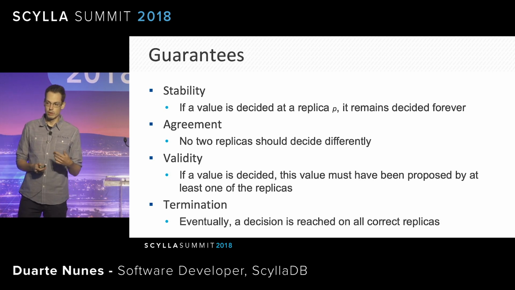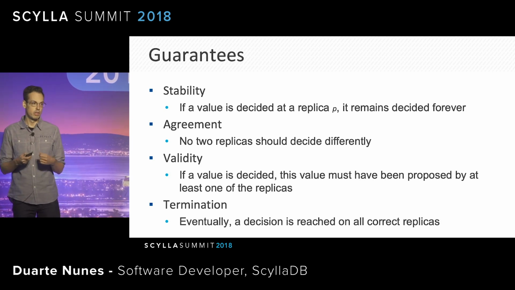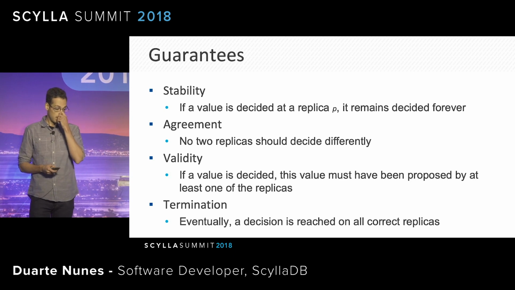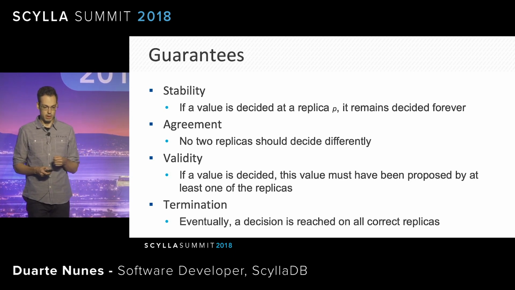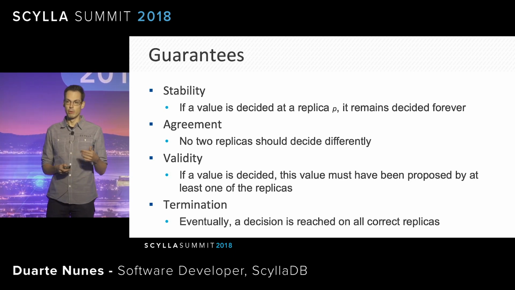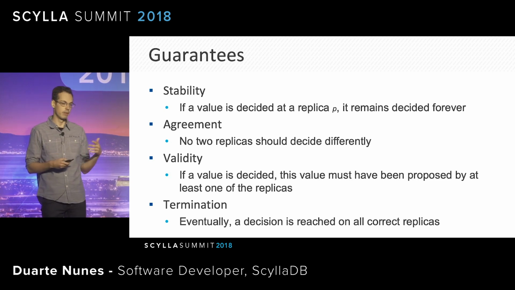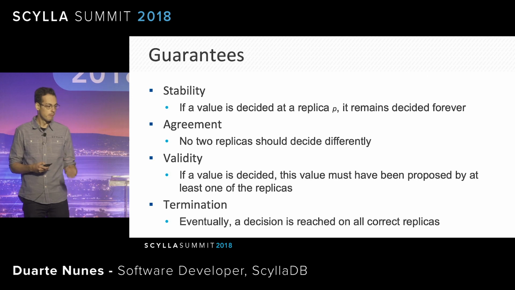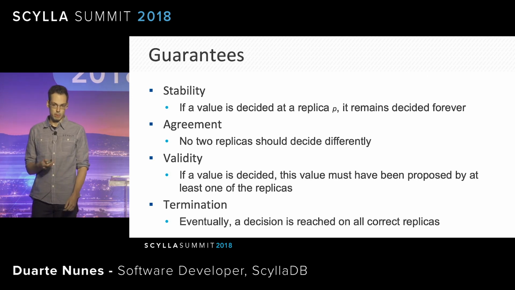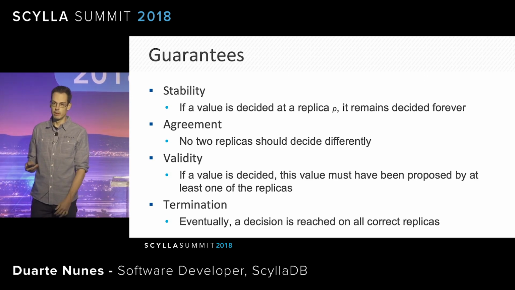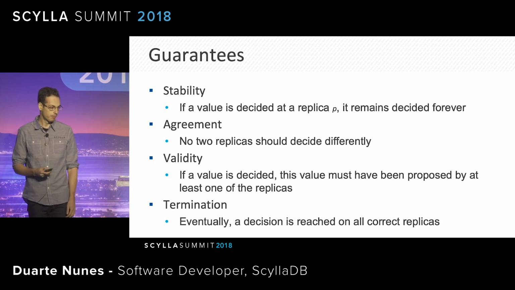All replicas should converge on the same values, they shouldn't decide differently. A replica will decide on a value that has actually been proposed, so it won't invent one out of thin air. And finally, the protocol must terminate, so a value must eventually be decided.